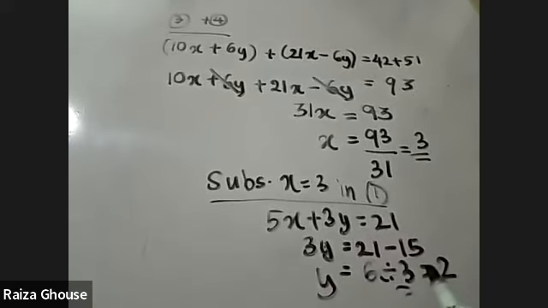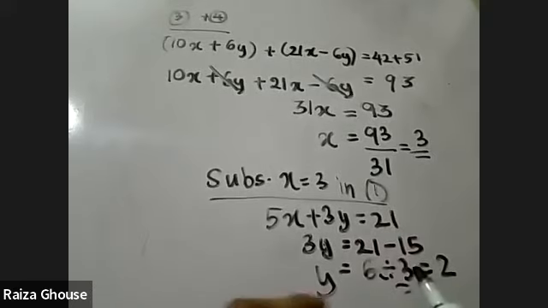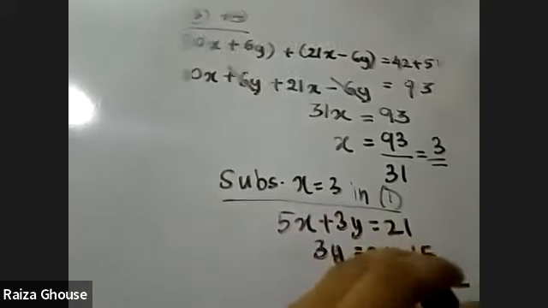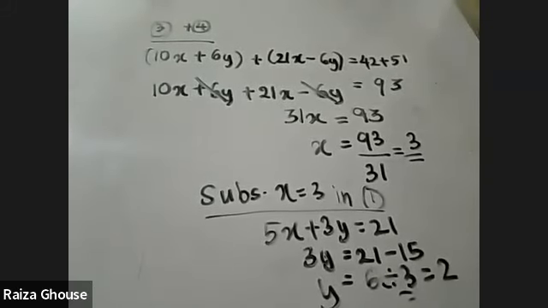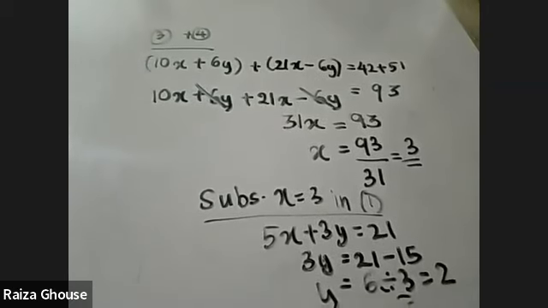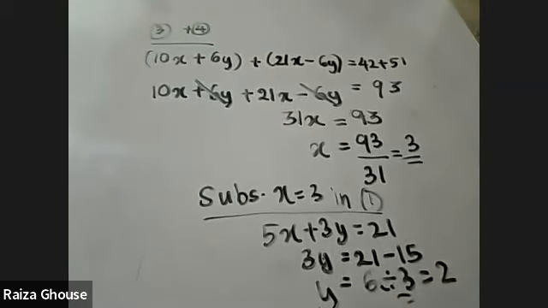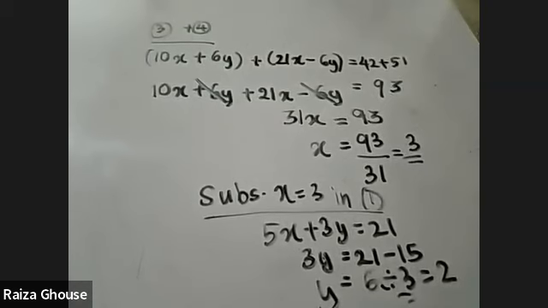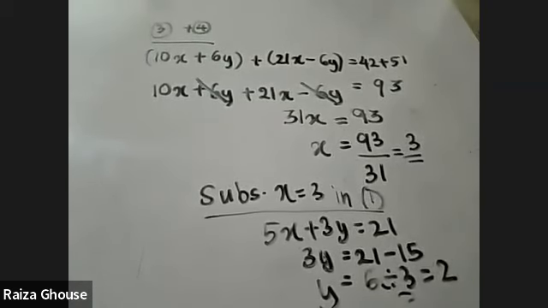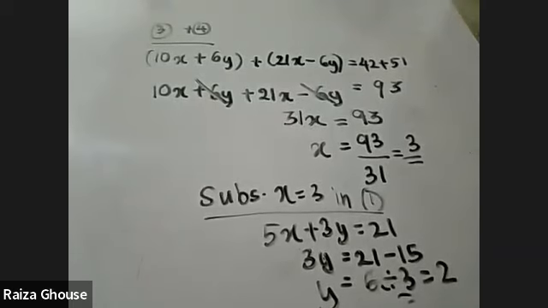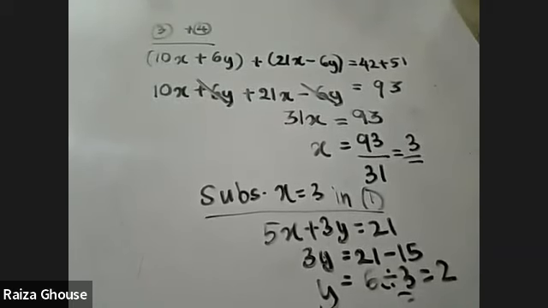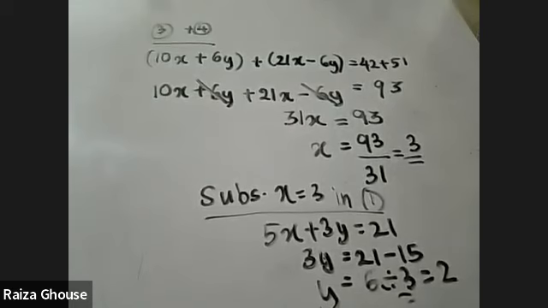Did you understand how to do questions with unequal coefficients? Yes. Okay, I'll give a question for you to check whether you're okay with that. I'll send it in the chat box. Do it. 7x minus 4y equal 4.